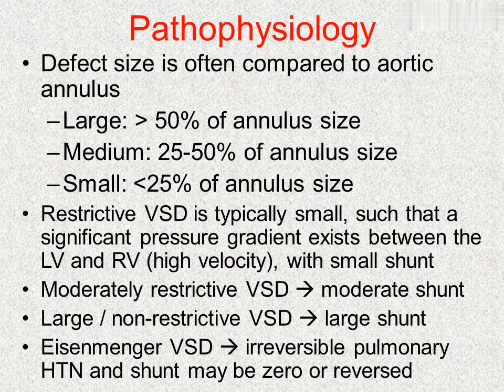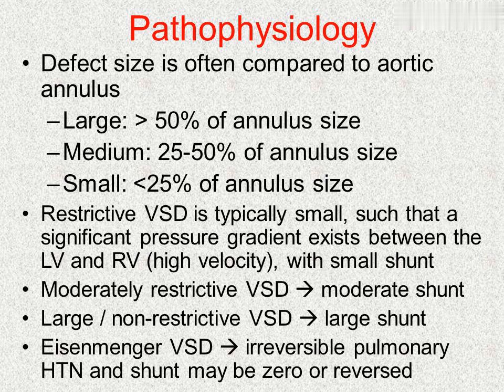Pathophysiology: defect size is often compared to the aortic annulus. Large, greater than 50% of annulus size. Medium, 25 to 50% of annulus size. Small, less than 25% of annulus size.